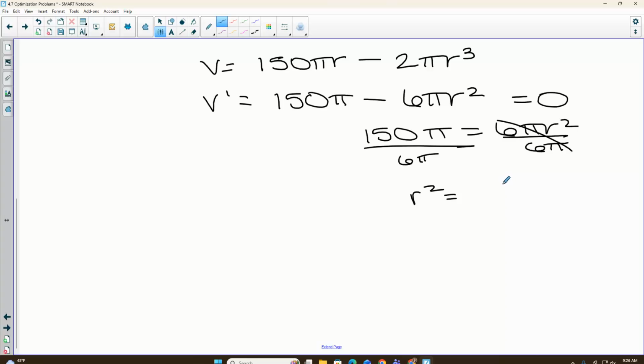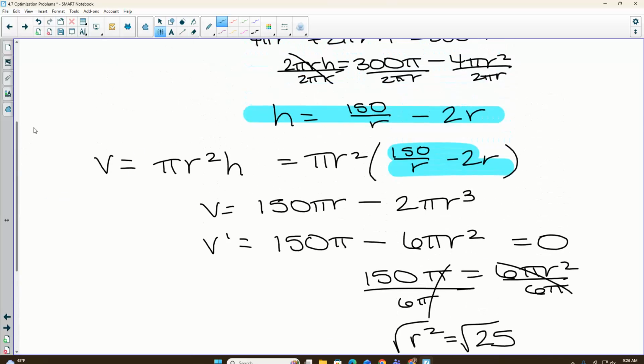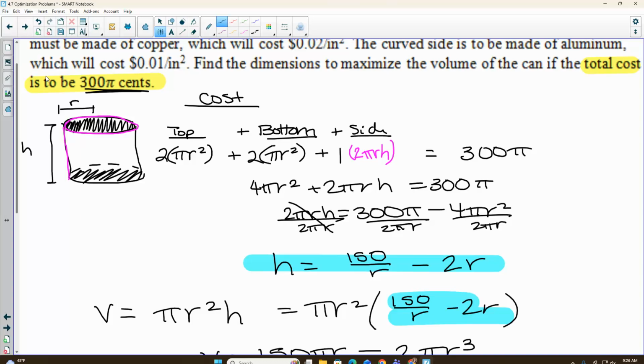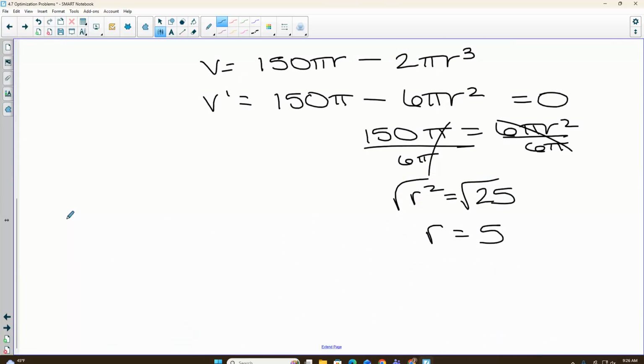All right, 150 divided by 6, and 25. Square root, I don't have to worry about plus and minus because the radius would have to be positive. So my radius is 5. So then to answer the question, it said find the dimensions of the can.